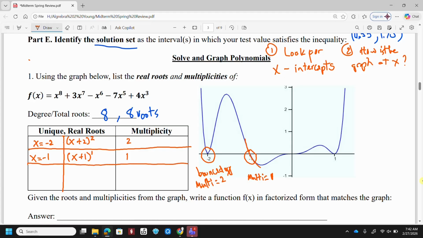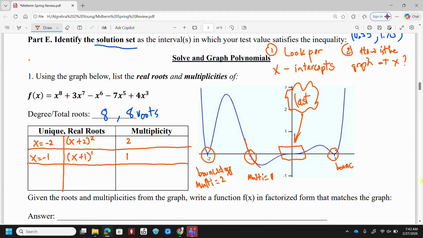Now you don't want to do this one yet. Always do this one last. That's important: you want to do that x-intercept last. There's a reason for it. But let's start with this one, x equal to 1. What does it look like?